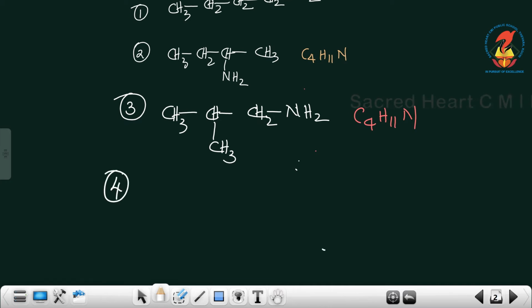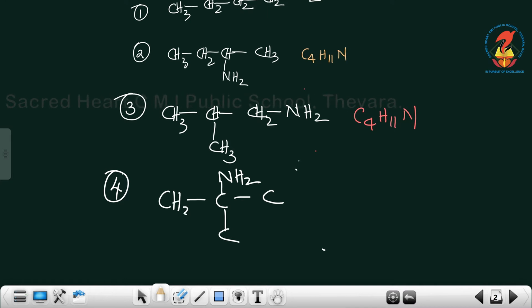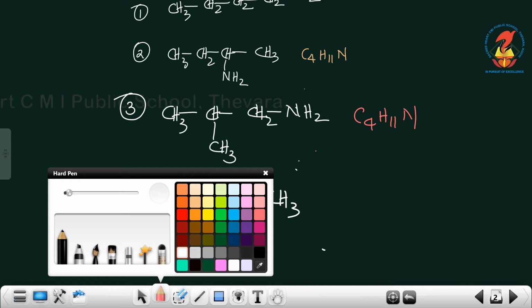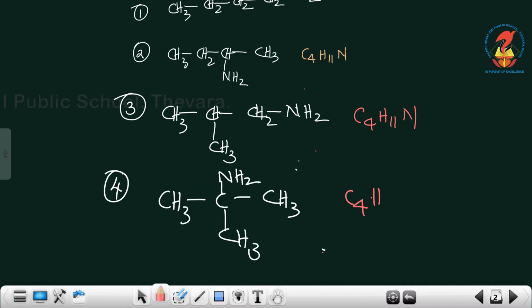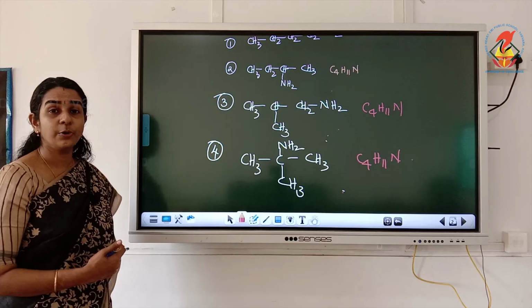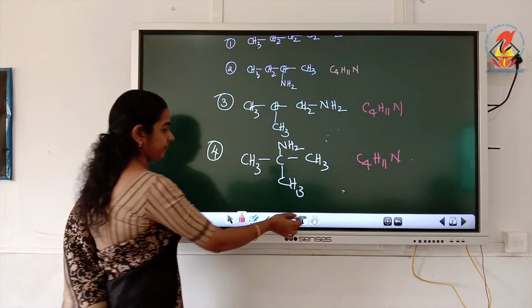Now the fourth possibility is the same 3 carbon straight chain and 1 carbon coming as a branch. I am attaching the NH2 group on the second carbon atom. So CH3, CH3, getting the same formula, C4H11N, but another isomer, another structure.